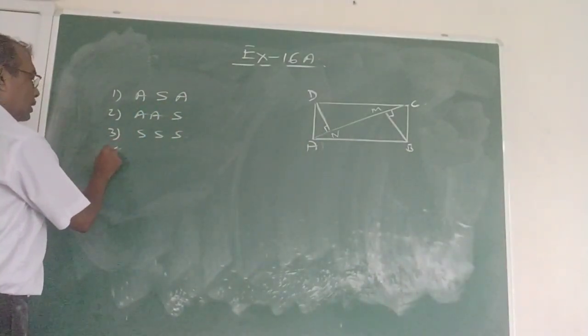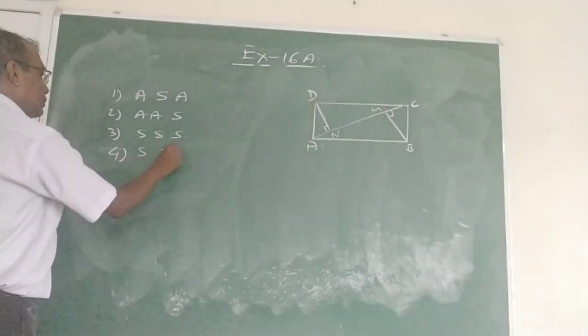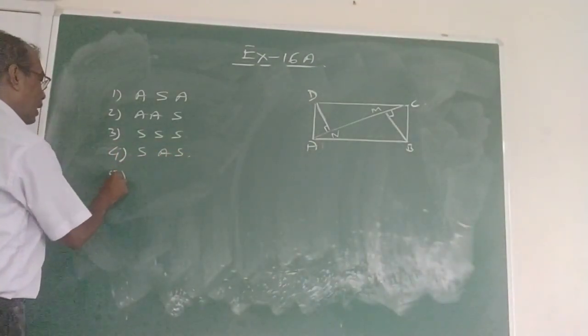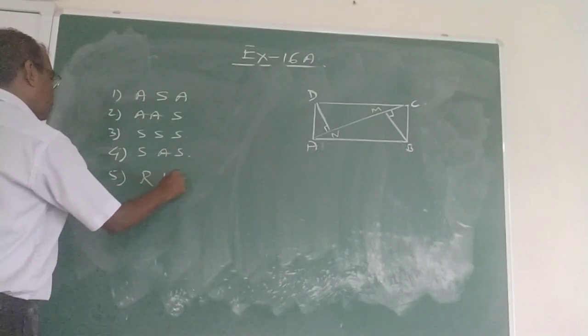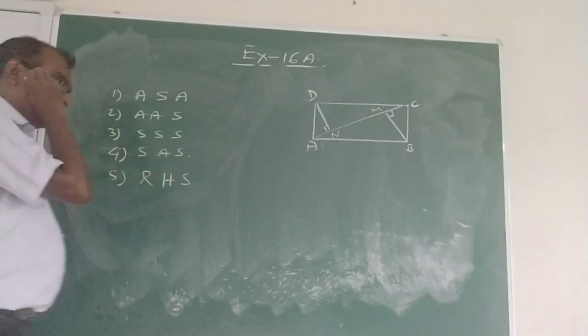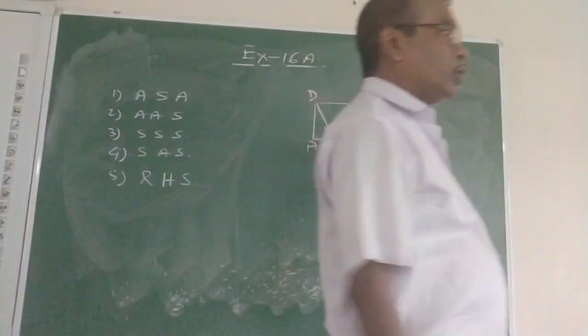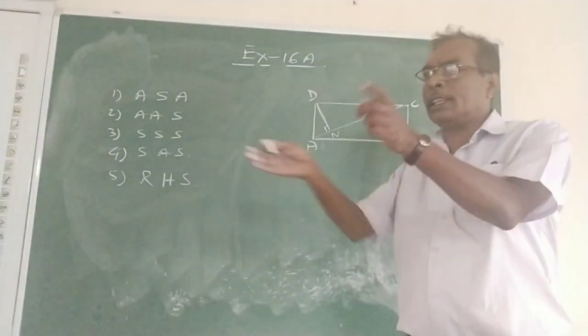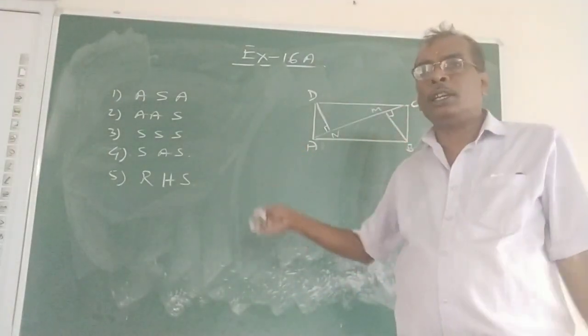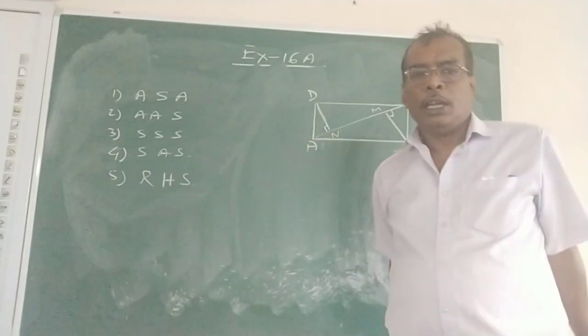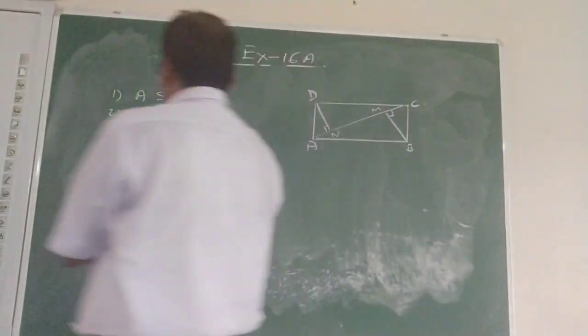Number 4, SAS. And number 5, RHS. If one of these 5 postulates is true, then you can say the triangles are congruent. That is another chapter, so it is not possible to explain here. We have already done this in standard 7. Now based on this I am going to concentrate.